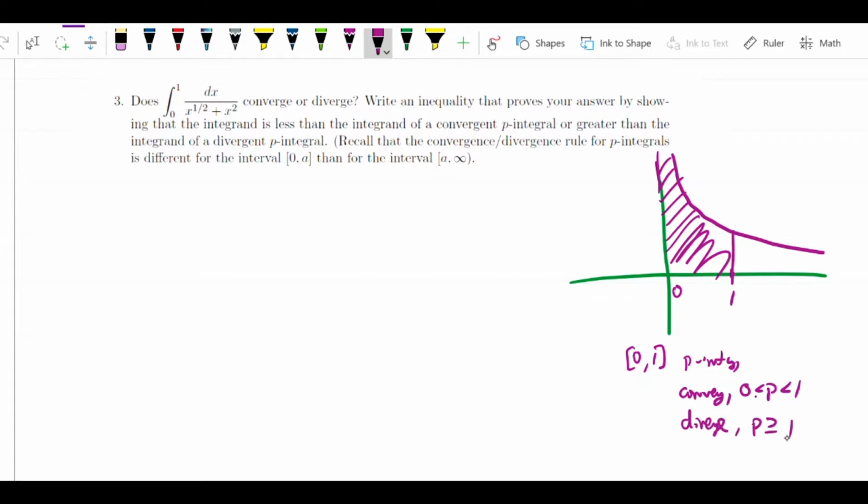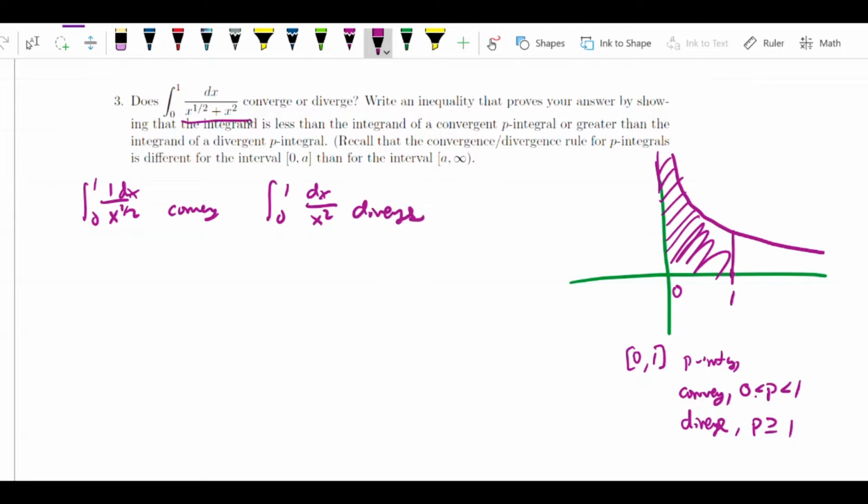It still diverges in both cases for p equals 1. What we can say is that the integral from 0 to 1 of 1 over x to the 1/2 converges, and the integral from 0 to 1 of x over x squared diverges.